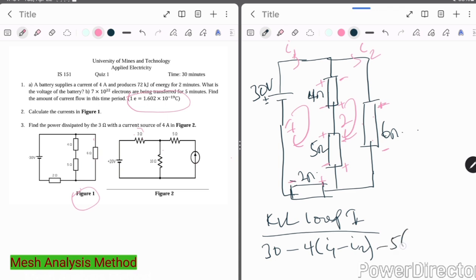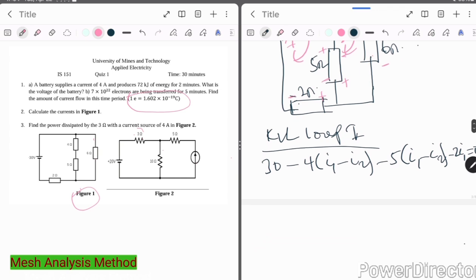So the 5 ohm will also be 5 times (I1 minus I2). And then we have this one, which is 2I1, equal to 0. So we have this. Now let's simplify this part.